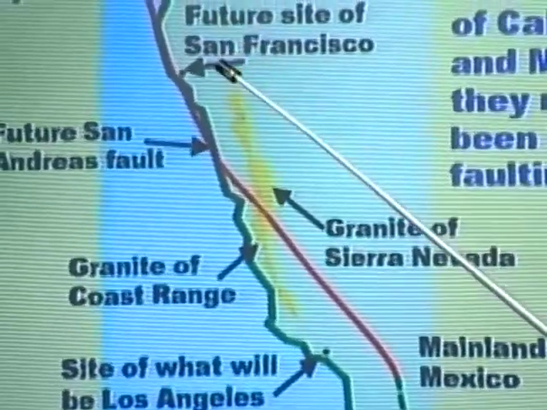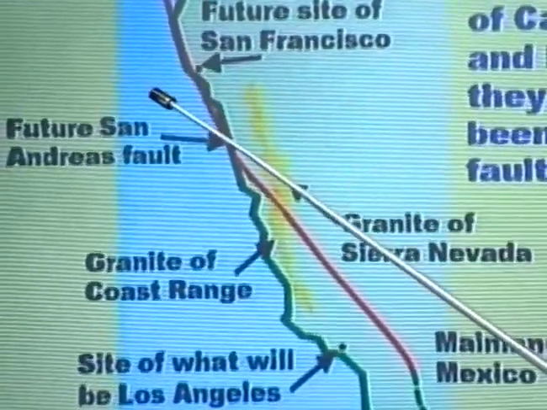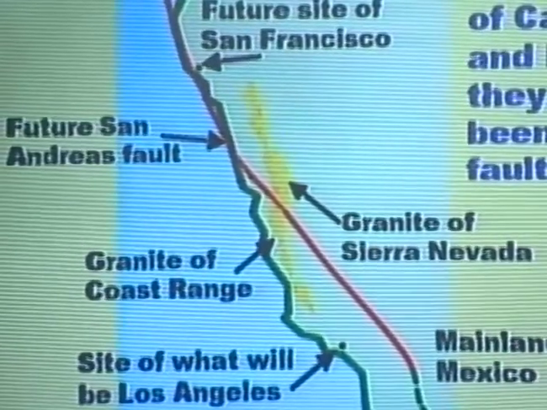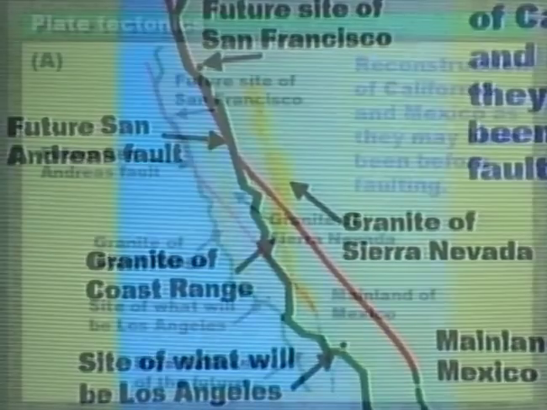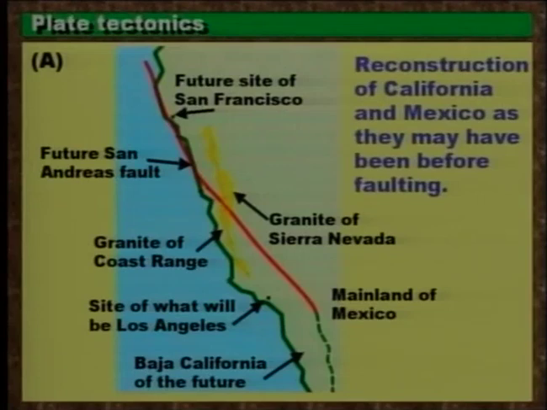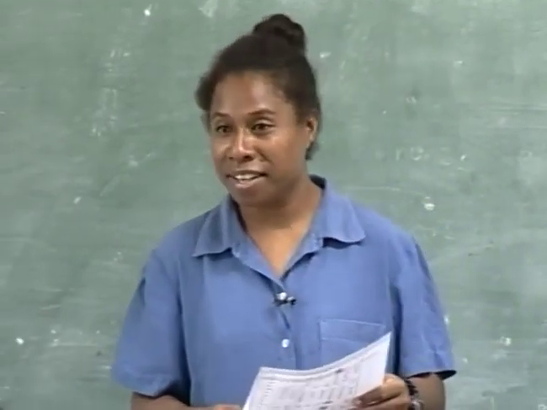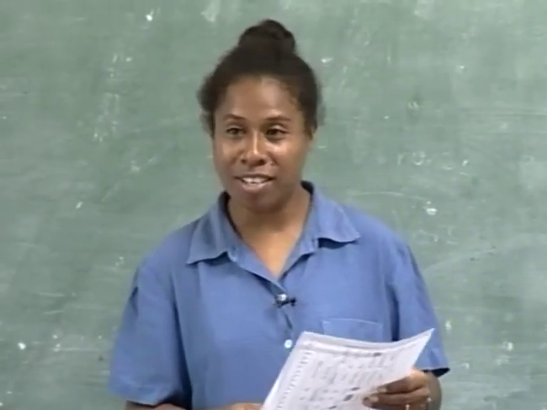Or San Francisco would be an eastern suburb of Los Angeles if it is moving at a rate of 2 centimeters per year. And in 25 million years from today, that could be possible. Geological time scale we are looking at, 25 million years from today. None of us would actually be here to note that.